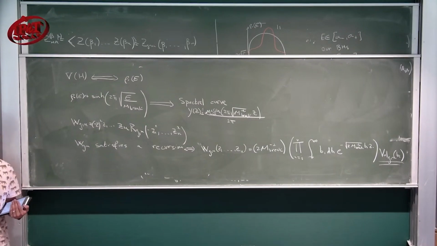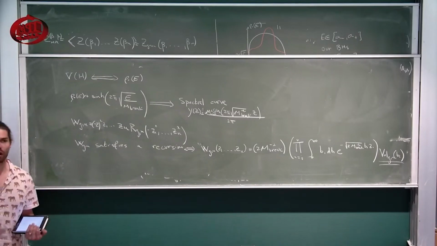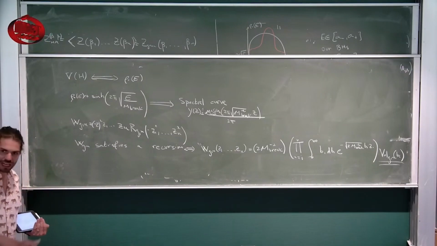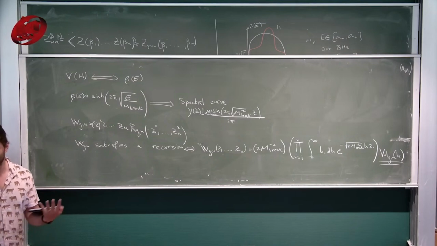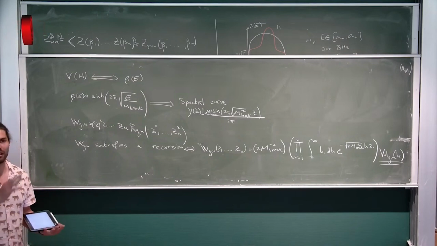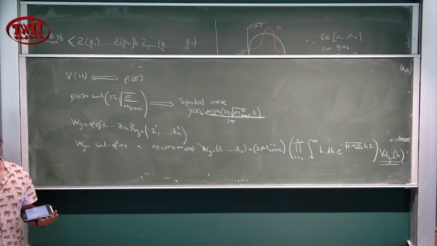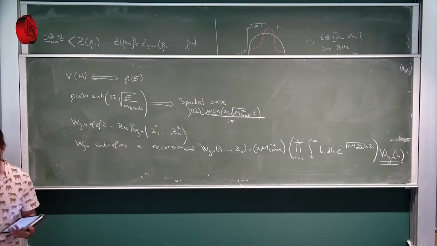Is the explicit map between U of phi and V of h understood? Roughly, yes. I think there are analytic formulas. If you give me a U of phi, I can give you what V of h is, the complicated formula. It also depends a bit on how you take the double scaling limit, but I think it's essentially been done.